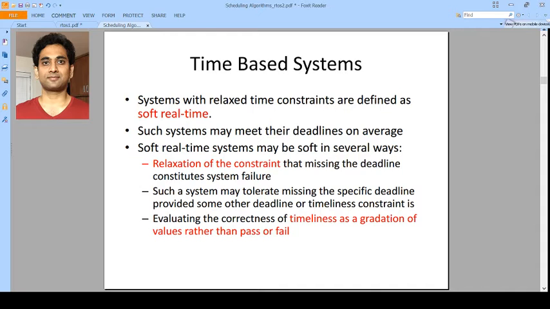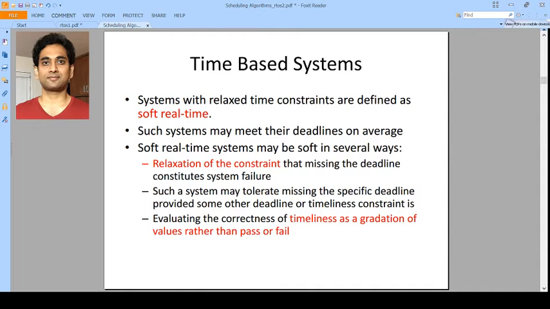So, soft real-time systems may be soft in several ways, such as relaxation of the constraint that missing the deadline constitutes a system failure. In a hard real-time system, if a deadline is not met, the system is a failure. But if we relax this constraint and say, if a major percentage of tasks are meeting their deadlines, then such a system is more or less successful.